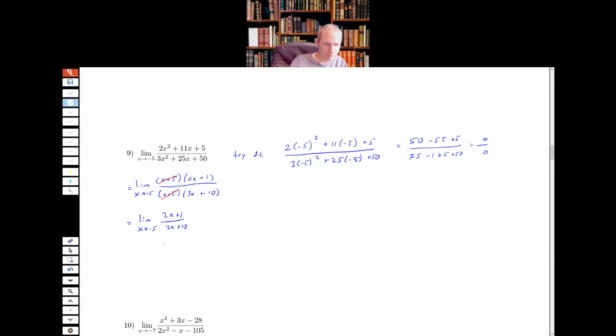And now try direct substitution. So I get 2 times negative 5 plus 1 over 3 times negative 5 plus 10. So we have negative 10 plus 1 gives me a negative 9 up top. Negative 15 plus 10 is a negative 5 on the bottom.